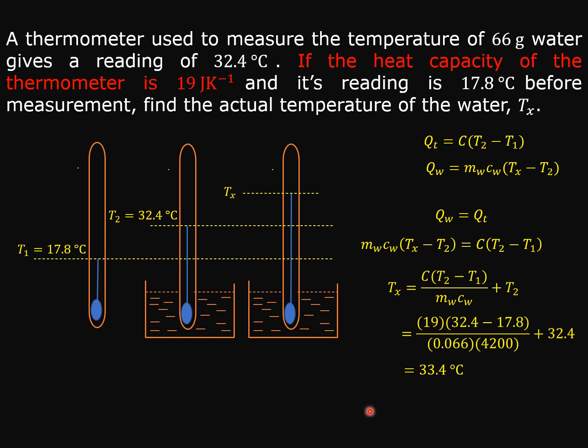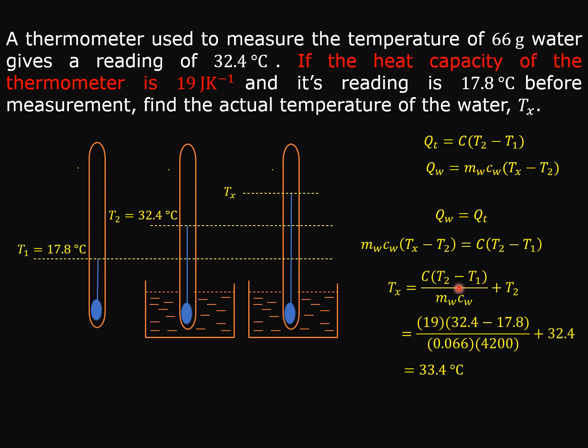Then we can substitute values for all these quantities, where C is the heat capacity of the thermometer, 19 joule per Kelvin, T2 is 32.4 degrees C, T1 is 17.8 degrees C, divided by mw. mw is the mass of the water, which is 66 grams. In kg, it is 0.066.